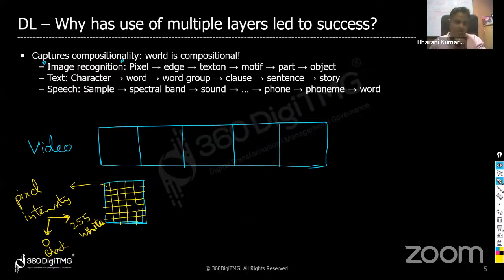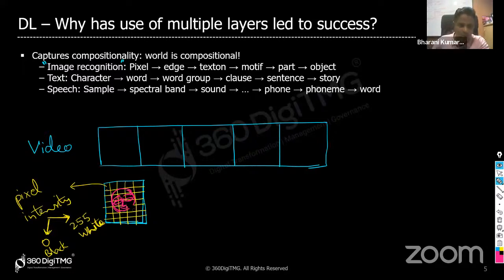Then it will look at the edges. For example, say there is a human face in this. Say you're building a facial recognition system. So you'll have an edge. This is an edge. This is an edge. All these are edges. And then texton. Texton is some feature of an image. Then you have motif, which is another feature of an image. Then you identify parts.